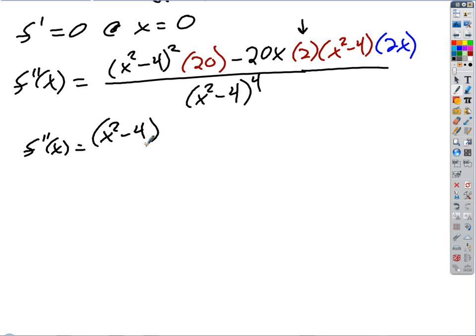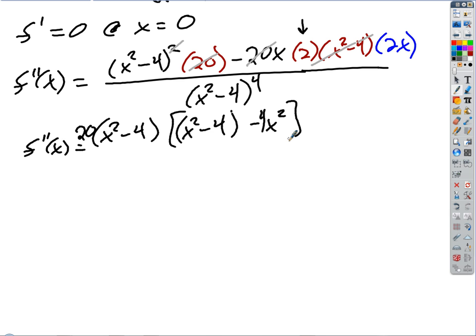And then what are we left with? x squared minus 4, minus x times 2x... cross out what's gone. So that's gone, that divided away. I get minus 2 times 2 is 4, x times x is x squared. Is that right? Did I get that right? Okay, questions?